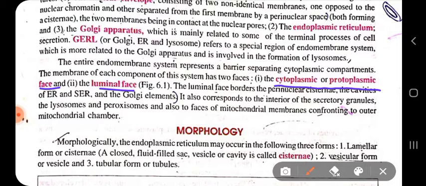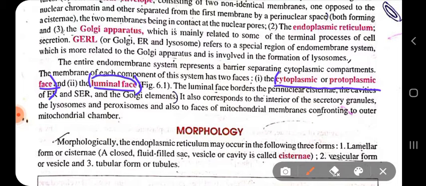It has a barrier which separates the cytoplasmic components, and the membrane of this endomembrane system consists of two sides. One is called the cytoplasmic side or protoplasmic side, and the other is called the luminal phase.